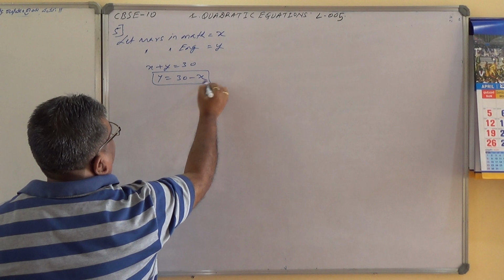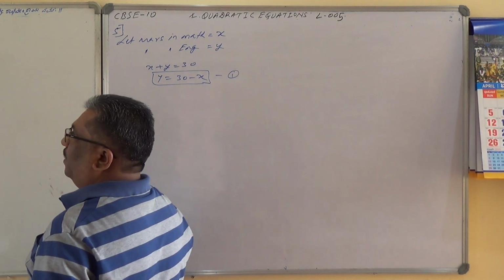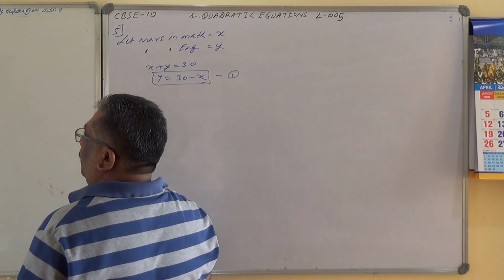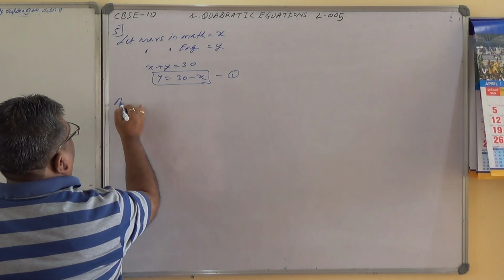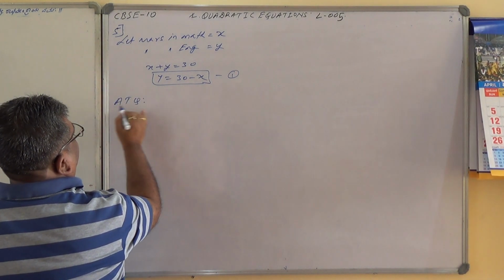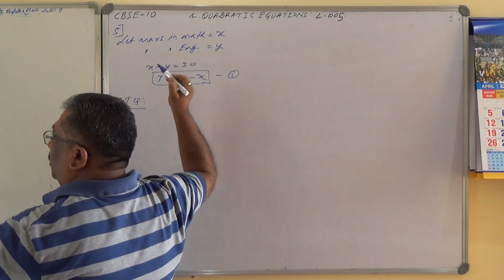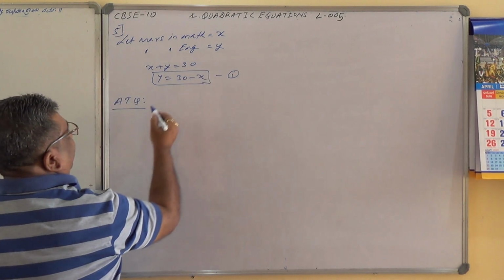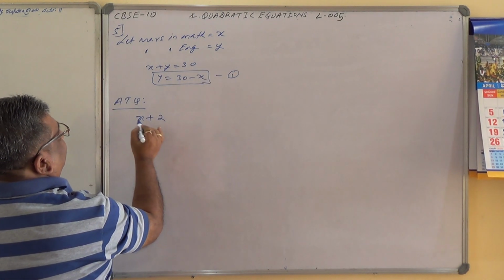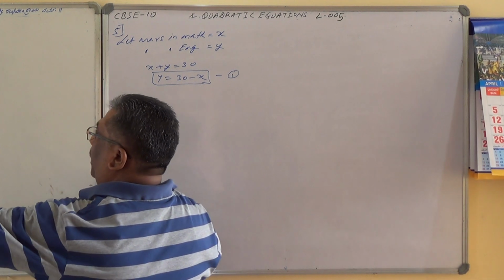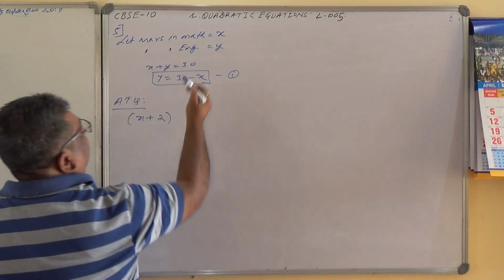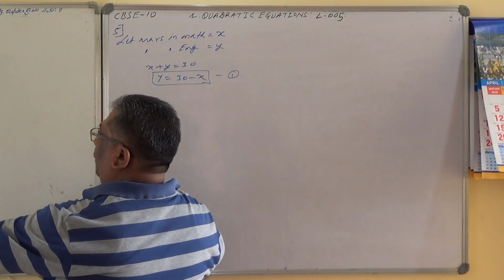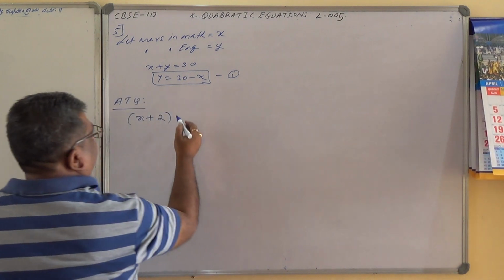Keep this one. Now, had she got 2 marks more in mathematics, meaning x + 2, and 3 marks less in English, y - 3, the product of their marks would have been 210.